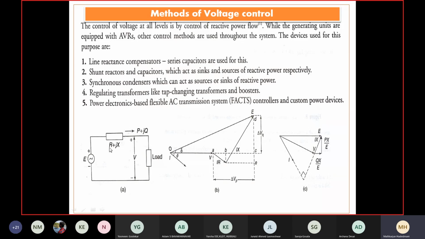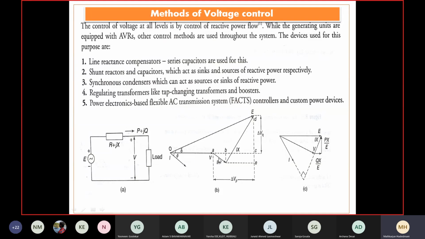Then there is a drop I into R, I into X along the transmission system. You can see the IR drop is in phase with the voltage. At the point A, the vector IR is drawn parallel to the current axis. So V refers to the system voltage at the receiving end, and I the current.